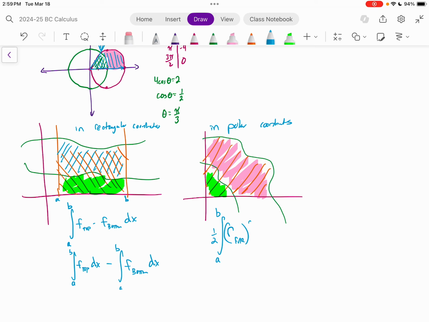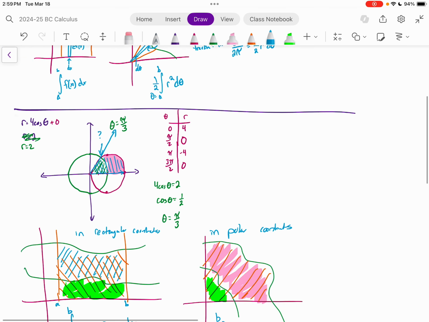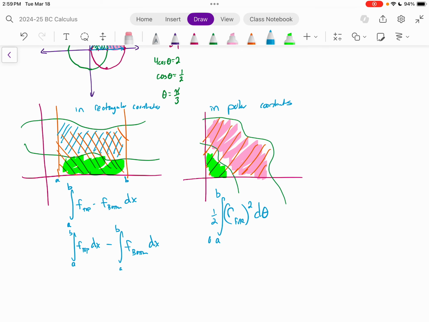So remember, that's the whole area, the orange shaded area. Remember, back from up here, 1/2 r squared d theta. Minus 1/2 integral from A to B of r near squared d theta. Then you could combine them.